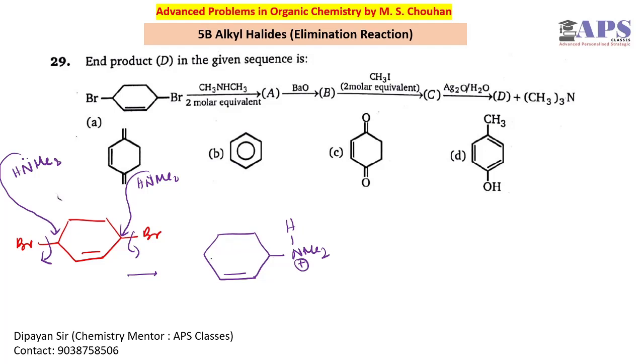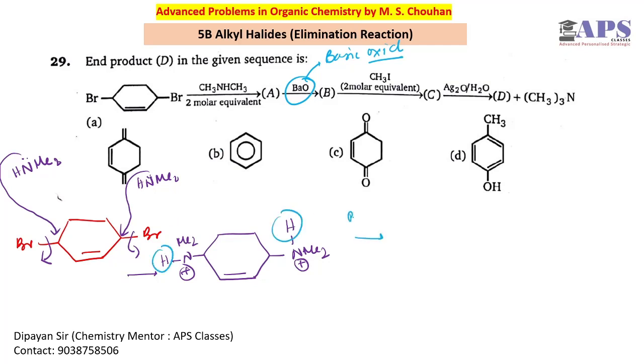NHMe2+, NHMe2+. Okay, so these two are acidic hydrogens. Now the aqueous solution of BaO is basic in nature. This is a basic oxide, and we have acidic hydrogens over here.